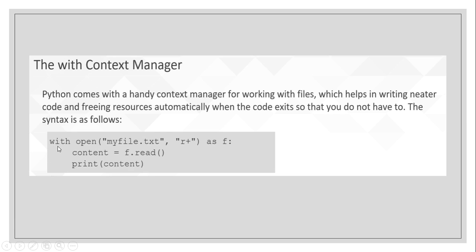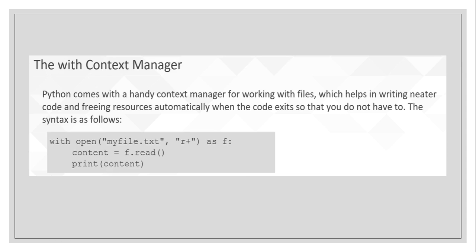Now the other syntax is with open. You see here I did not mention a variable at the start. Please look at this. I'm saying with open, the file address, the mode which I want after the comma, and after as I can give the variable name which I'm going to refer to, then a colon.